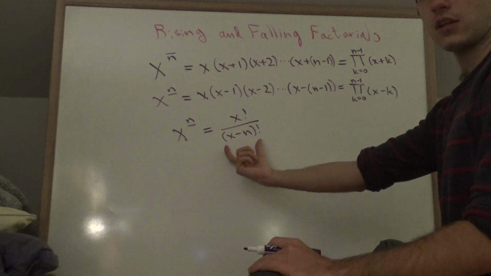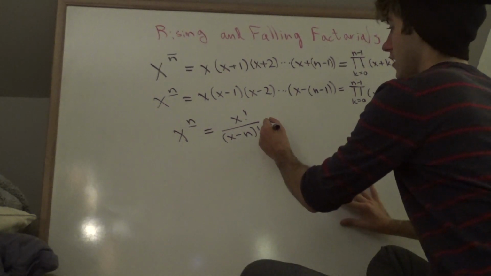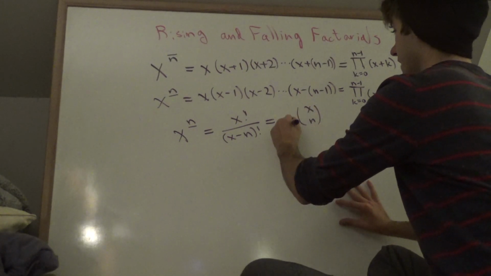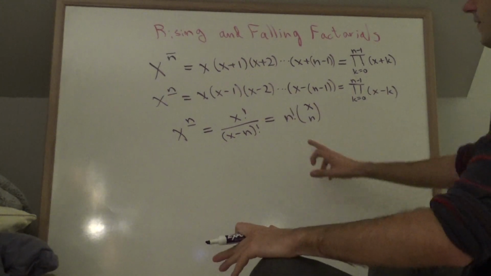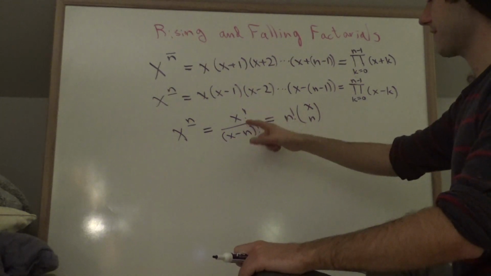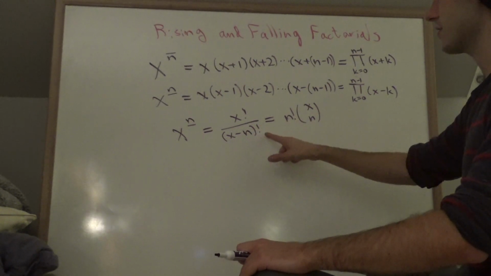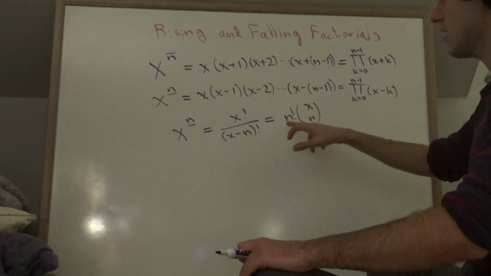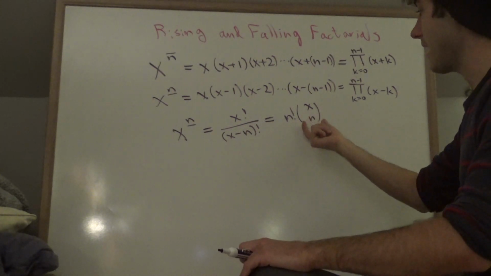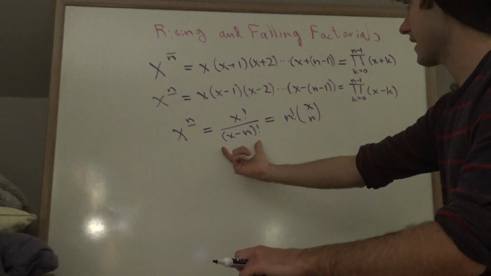But of course this is really close to x choose n, right? So x choose n would be x factorial over x minus n factorial times n factorial in the denominator. Since there's no n factorial in the denominator here, that just means we've multiplied the n factorial over. So we can multiply x choose n times n factorial, and we get the falling factorial.